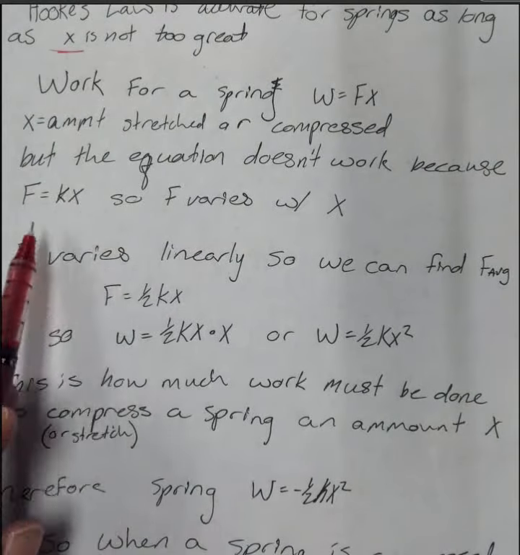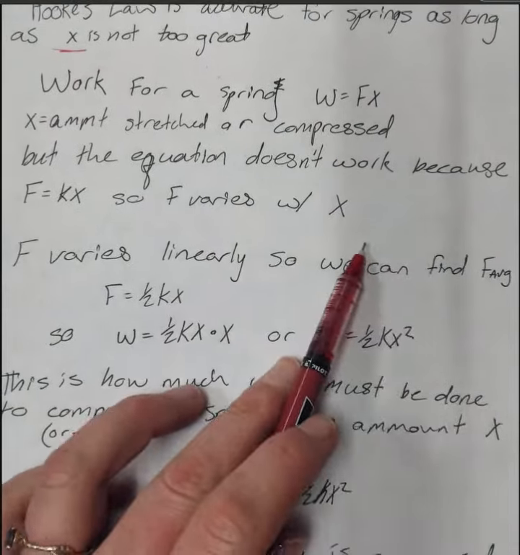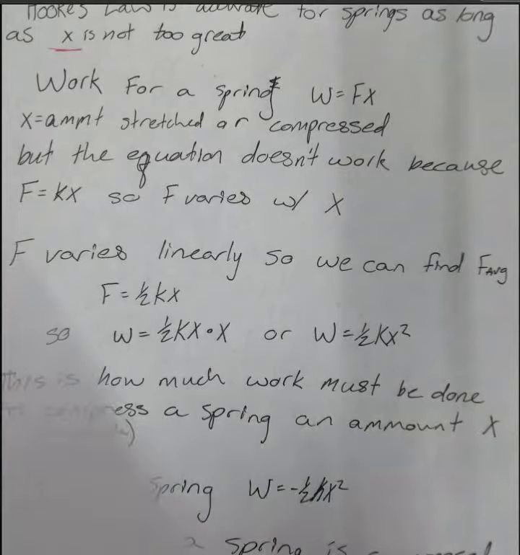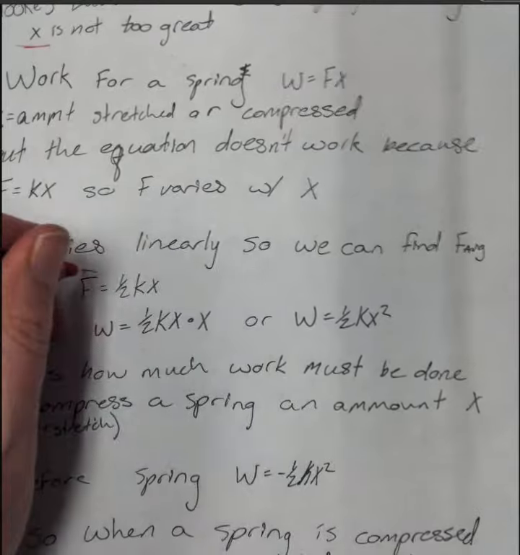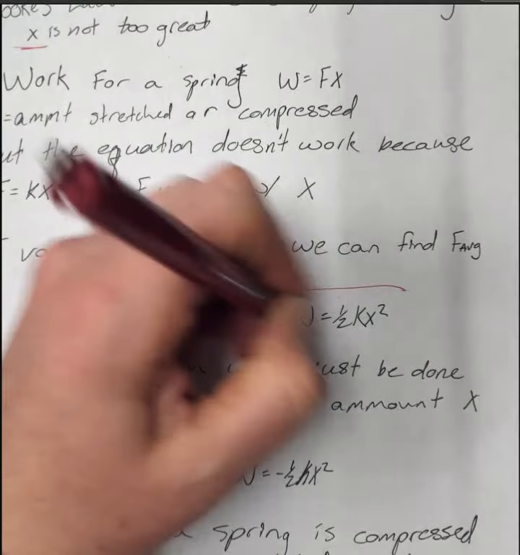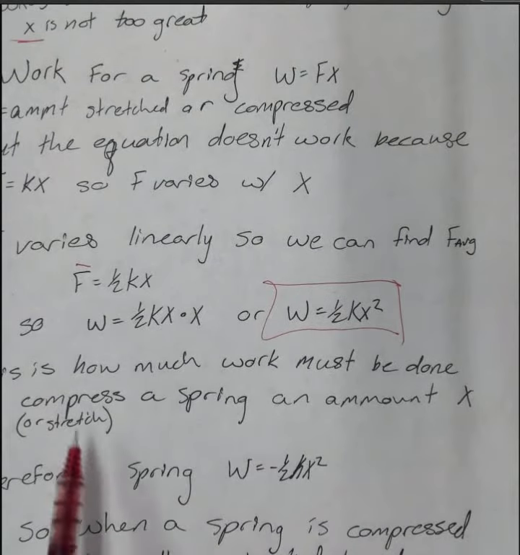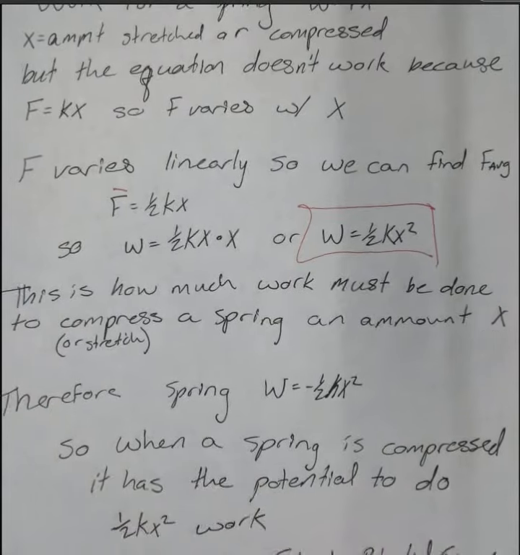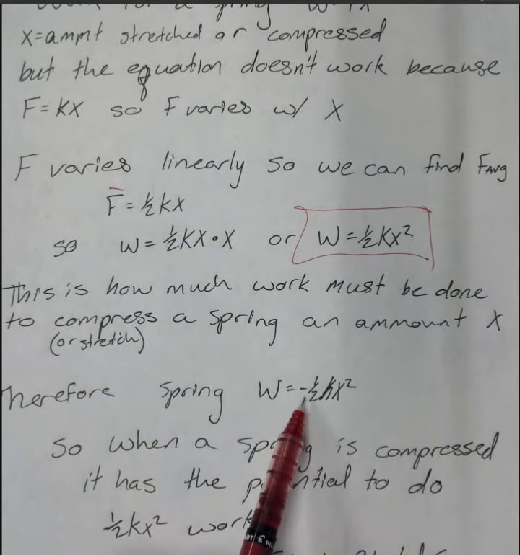But since force is kx and F varies with x, we then use the average force as given by area under the curve. So average force is 1/2 kx, and work is going to be equal to 1/2 kx squared. It's how much work must be done to compress or stretch a spring that amount of x. Therefore, we say that work done by a spring will equal negative 1/2 kx squared.